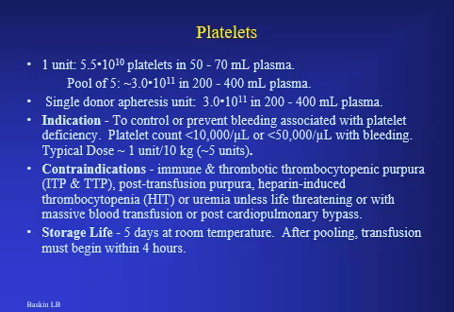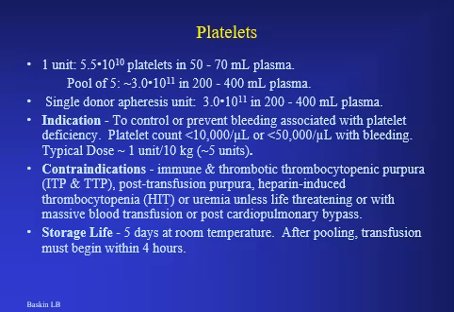And they're used to control or prevent bleeding associated, like I said, with platelet deficiency, but also they're given for situations in which there's dysfunction. Now, the platelet counts tend to be the cutoffs about 10,000 or about 50,000. That's per microliter with bleeding.